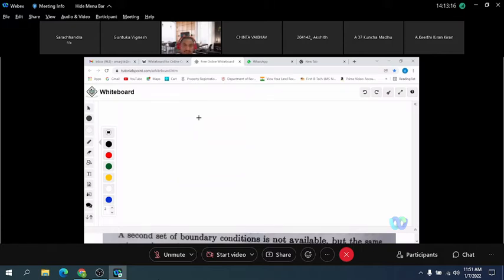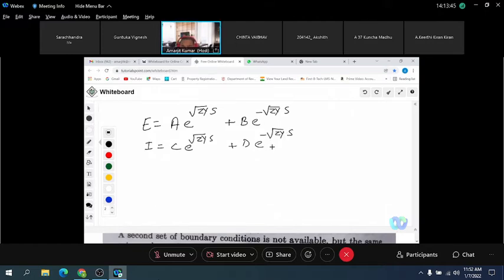So E is equal to A into e to the power root zy x plus B e to the power minus root zy x, and I is equal to E over Z. ER is equal to A plus B, and IR is equal to C plus D. So now what will be dE by ds?